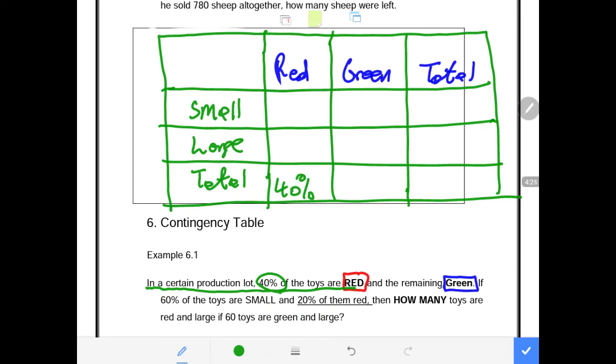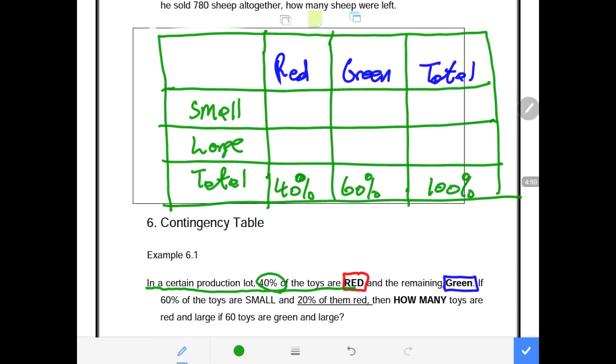They don't say which ones out of the red are large or small. They are just telling us that 40% of the toys are red, meaning total toys that are red are 40%. If 40% are red, that means 60% are green. And in the case where you deal with percentages, your total percent will be 100%.